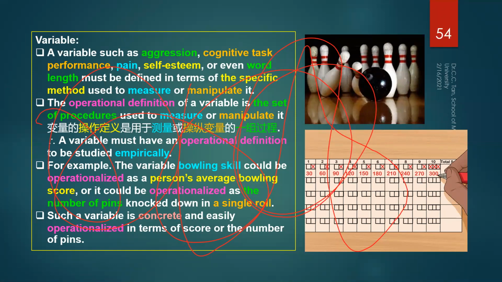For example, bowling skill. How do you know that you have a good bowling skill? Instead of coming up with a questionnaire, we come up with a table, and we learn how to score: whether you get a full score, or a strike, or you don't get a strike, and then you determine your score accordingly, until you get the final score.